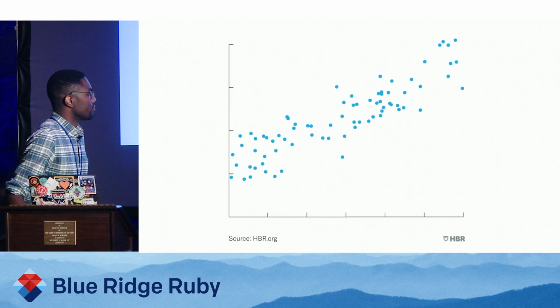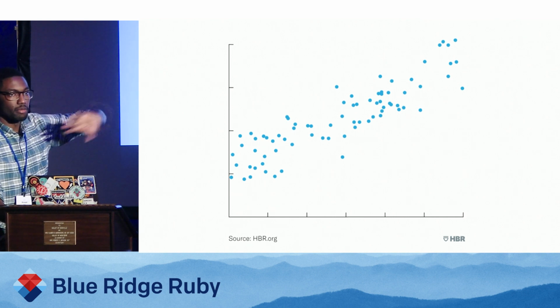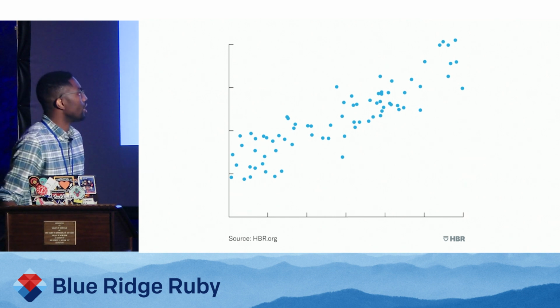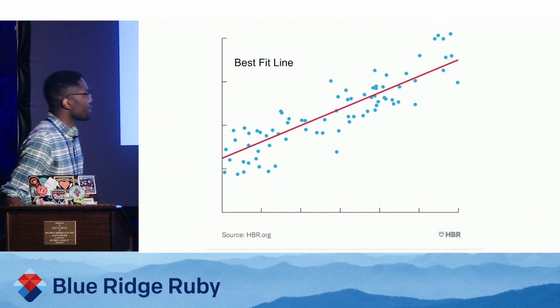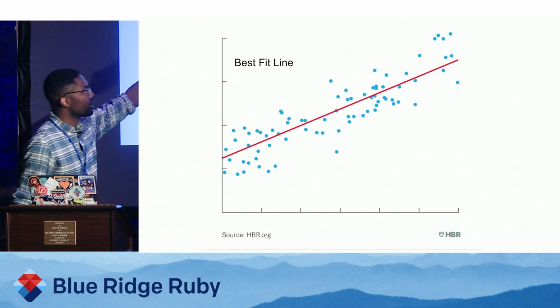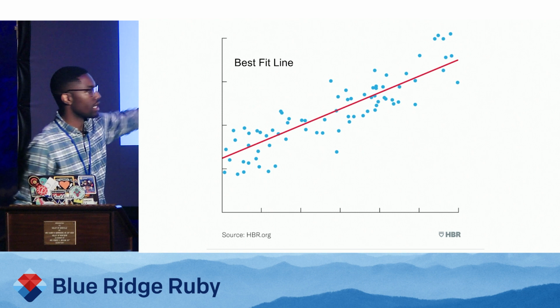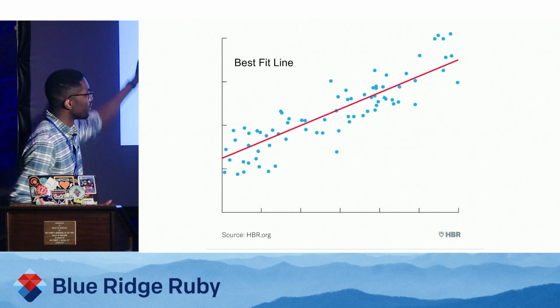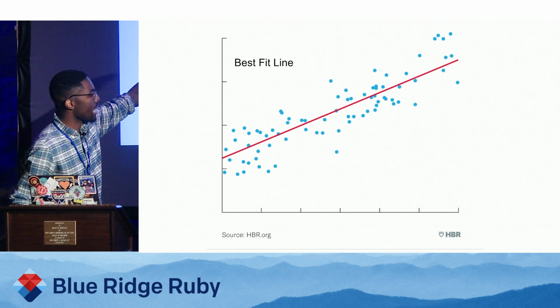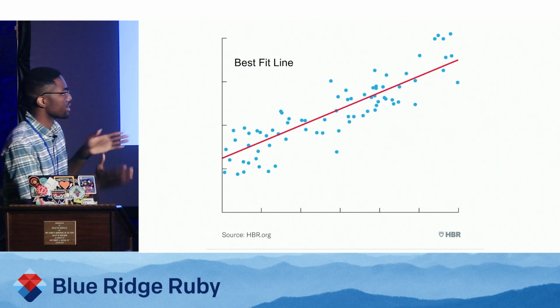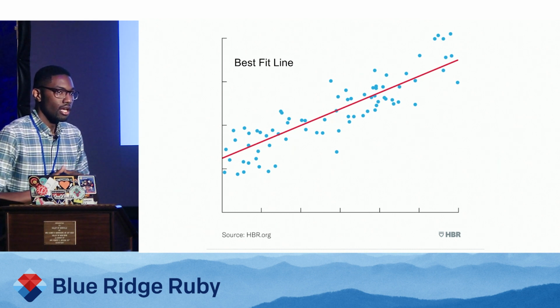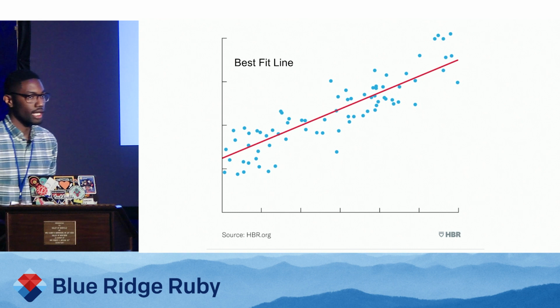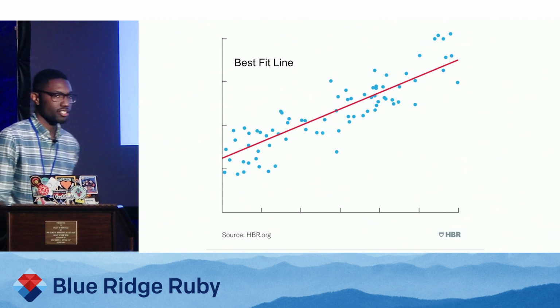So this is an example of how our data may be spread out. What you want to do is a best fit line, or linear regression line, which maps a path to minimize the distance between all the different points. And that's basically what linear regression is. It's not necessarily the best way.